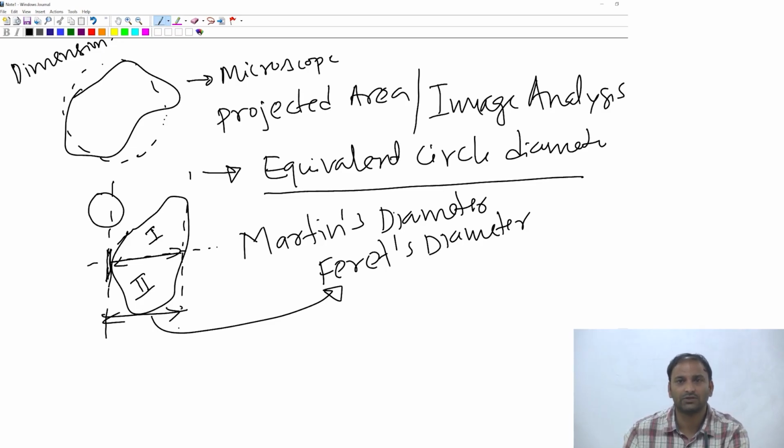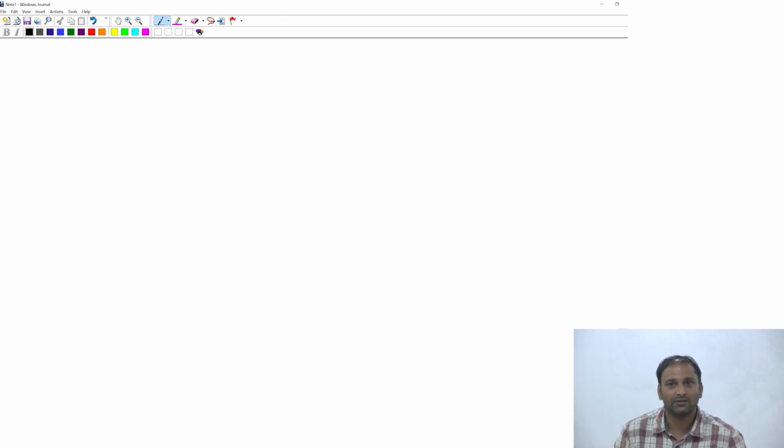You understand what I'm trying to say? So instead of drawing one line, you could think about doing multiple lines. As long as the area on both sides is equal, I'm going to get a dimension. So the average Martin diameter could be Martin diameter 1 plus 2 plus 3 divided by 3. You have to figure out the best dimension that you would like to extract out of such analysis, and it depends on what application you're going to put this dimension into in your calculations.